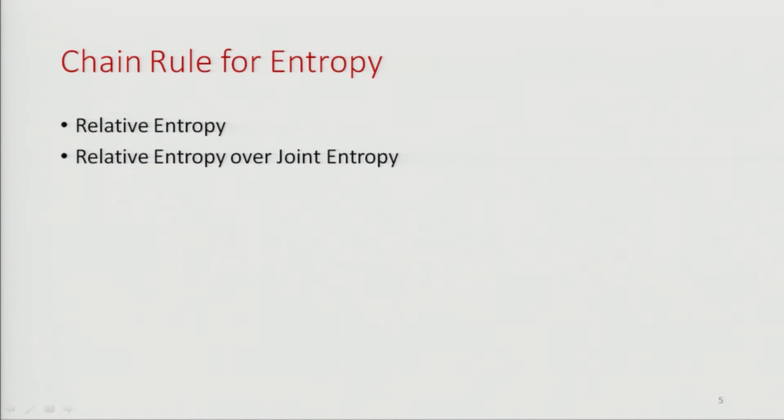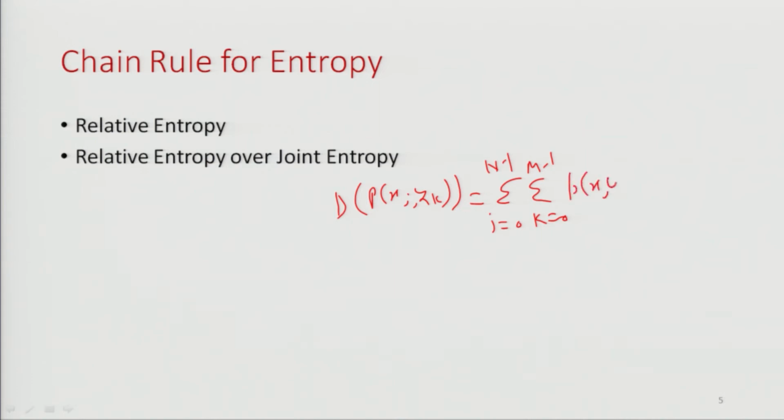We can again write the relative entropy of the joint entropy P(xj, yk) equals to summation over j, n minus 1, summation over k, m minus 1, P(xj, yk) into log of base 2 P(xj, yk) divided by q(xj, yk).